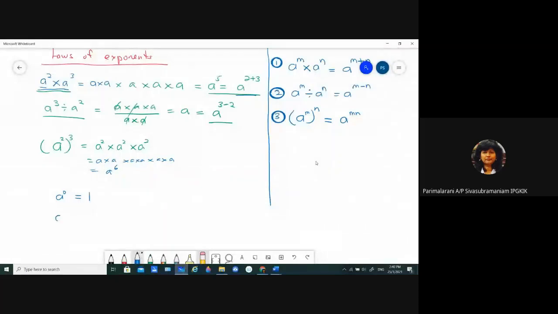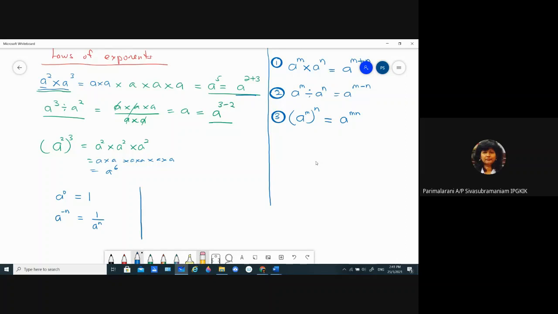a to the power of negative n is equal to, negative means we can write it as 1 over a to the power of n. Whenever you have a negative, it's 1 over a to the power of n.